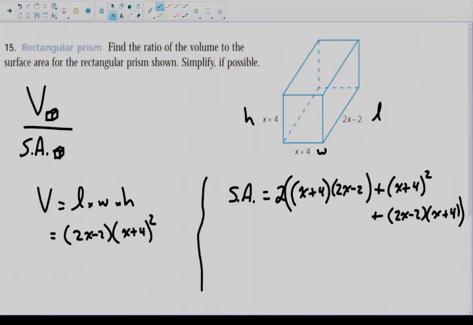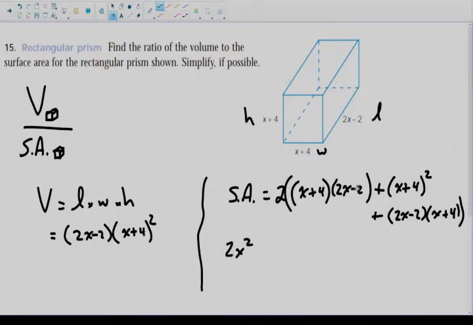Okay, so let's start to simplify our surface area. I'm just going to write the 3 quadratics one after the other here, and then we'll add them up. If we use our FOIL or our double distributivity idea, x times 2x is 2x squared.